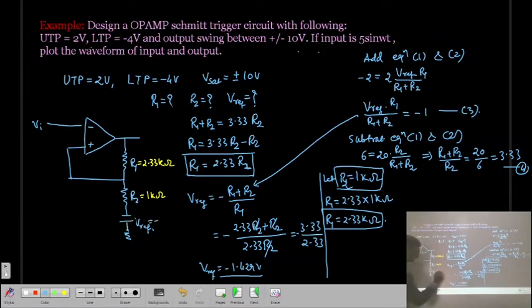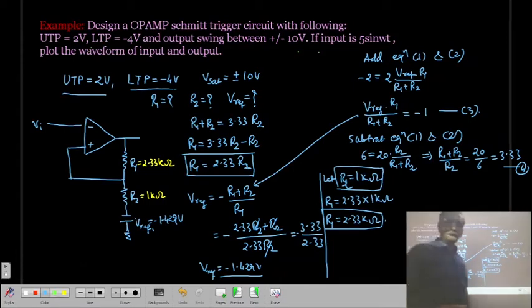So this reference voltage is minus 1.429 volt. So here, if we add a reference supply, now the LTP and the UTP both are different. Correct? Now, if the input is 5 sin omega t, then we have to draw a waveform.